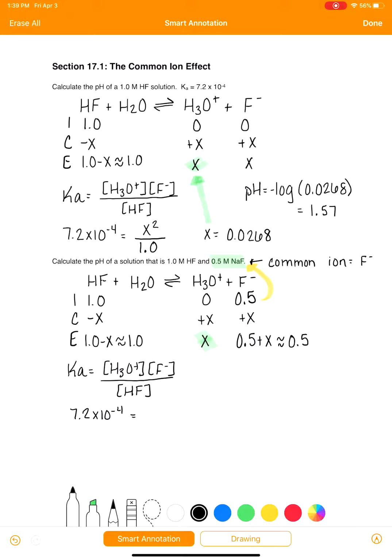H3O plus, we don't know what it is, it's X. F minus is 0.5. And HF is 1. So we can simplify this a little bit. 7.2 times 10 to the minus 4 is 0.5x. We can solve for x.